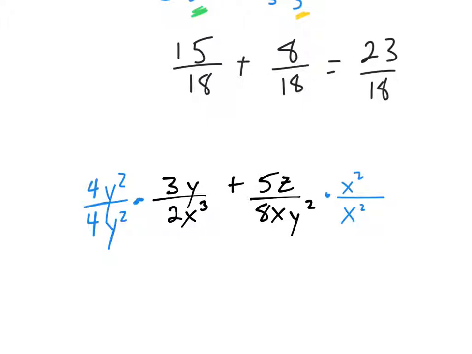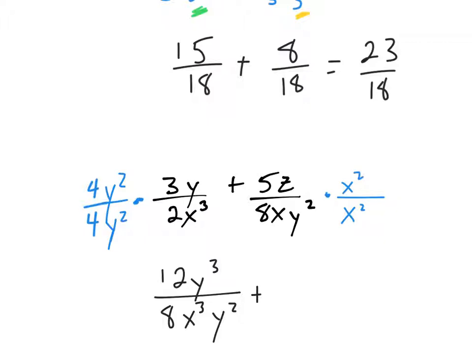Right? So, here we go. When we multiply here, 4y squared times 3y is going to be 12y to the third power. And my denominator is 8x cubed y squared. So far, so good?